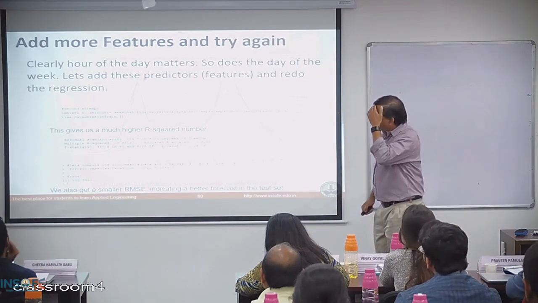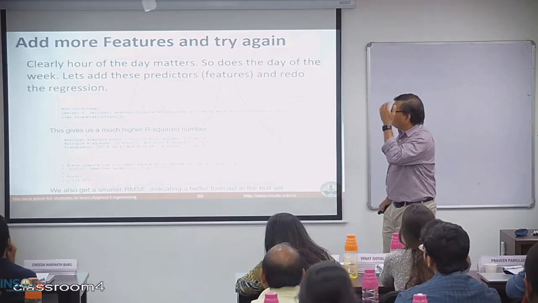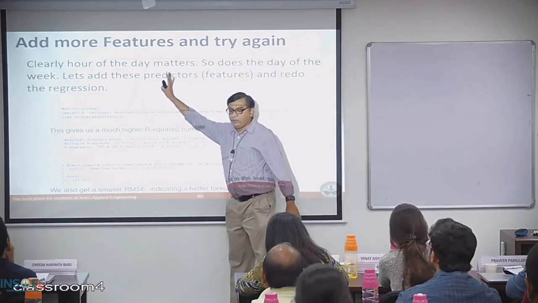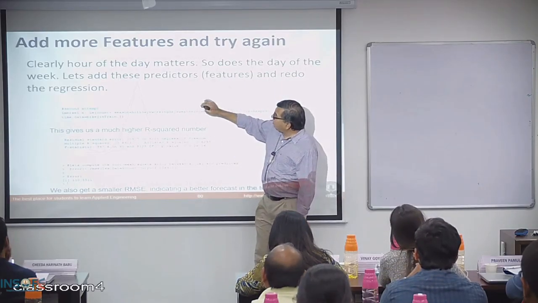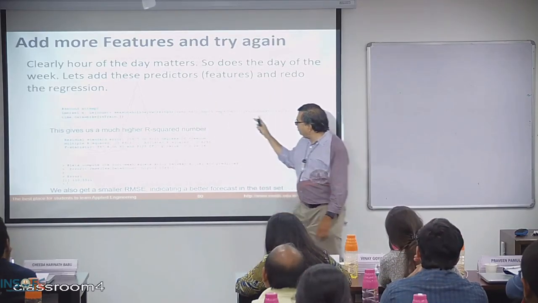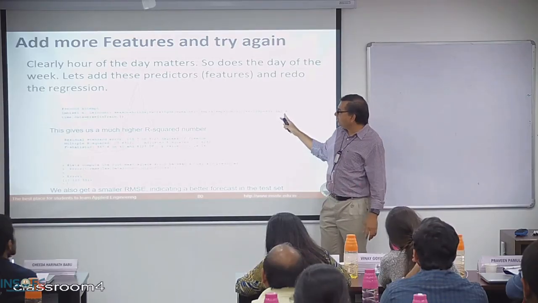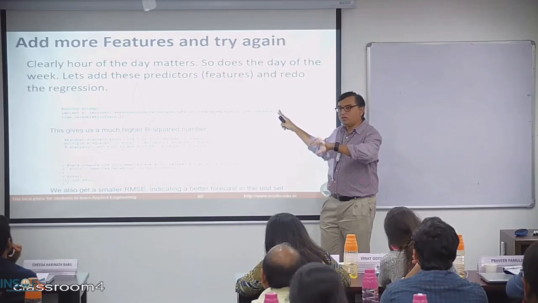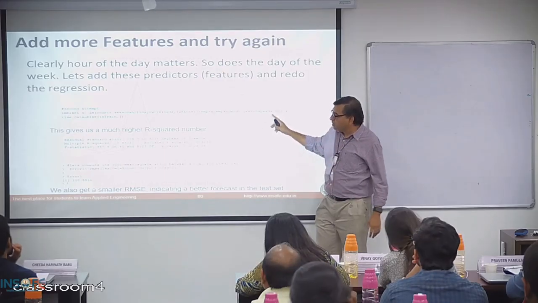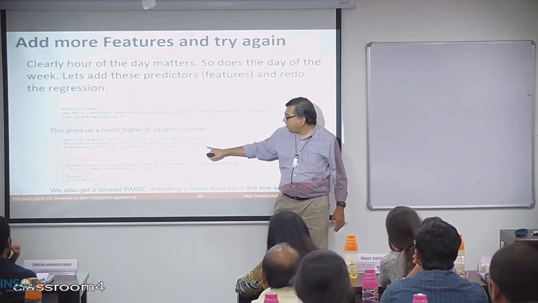So the hour of the day matters. I'm glad we extracted that information from the data set. And when we add those predictors, the hour of the day and whether it's a Monday, Tuesday, Wednesday, we get a higher R square.